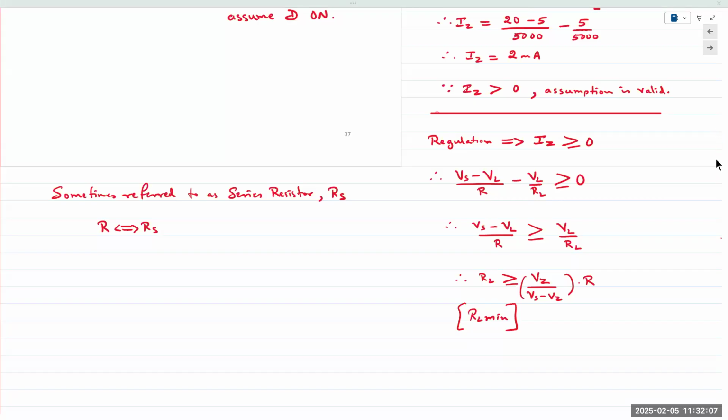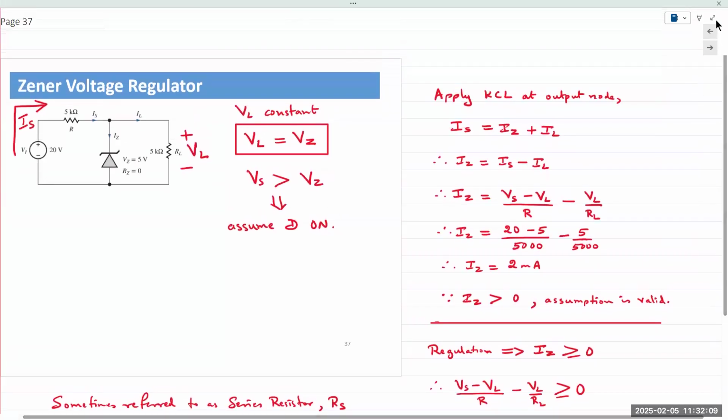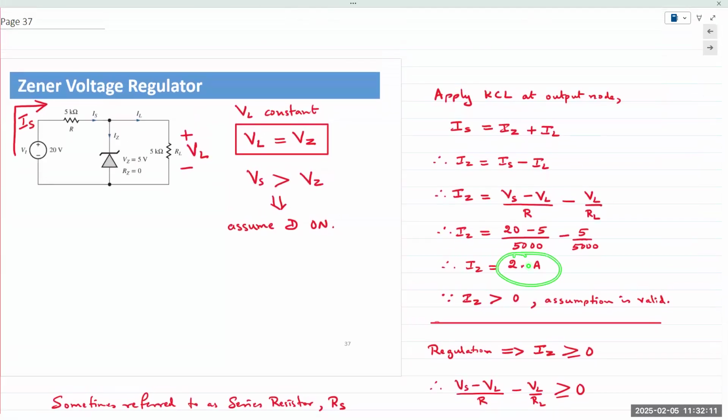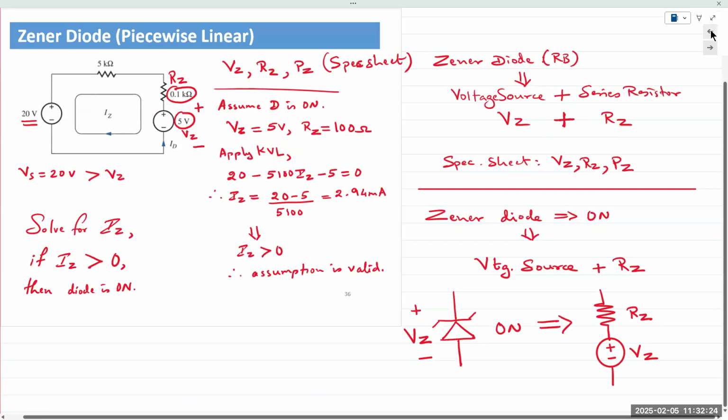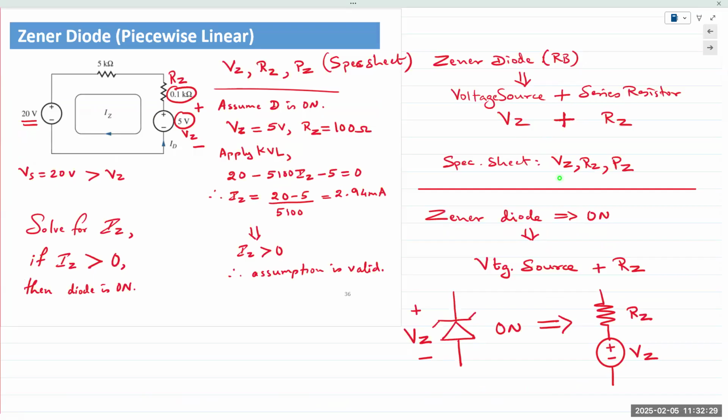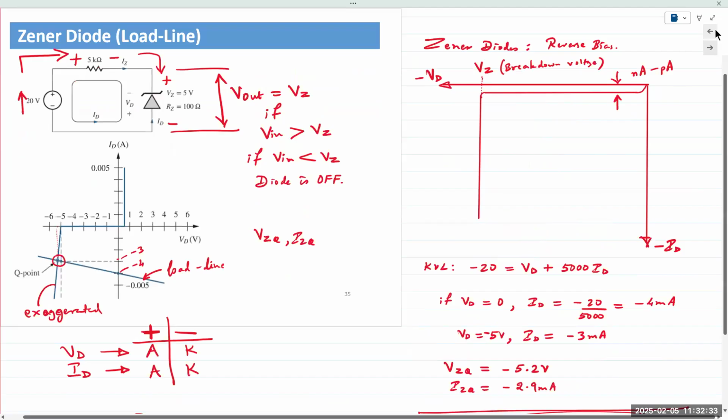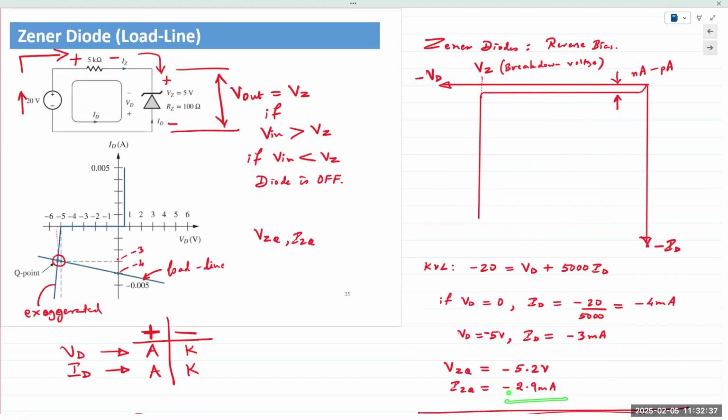Okay, so here, look at the value. We have an extra RL in there, but the current for the Zener diode is now 2 milliamps. Previously, with the series resistor, 20 volts, 5 kilo ohms, it was 2.9.